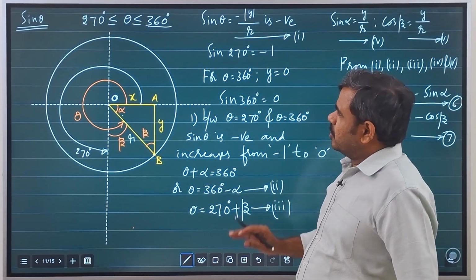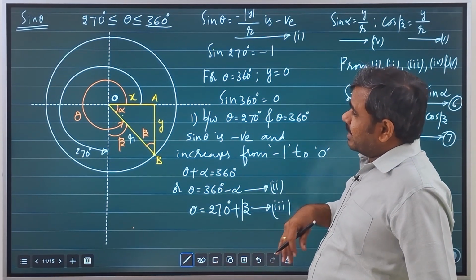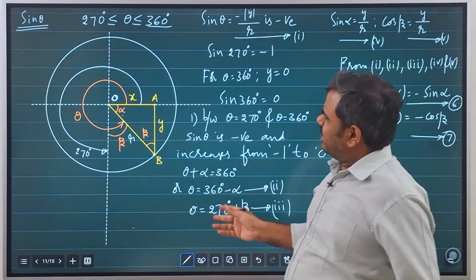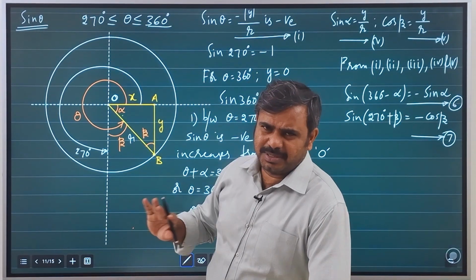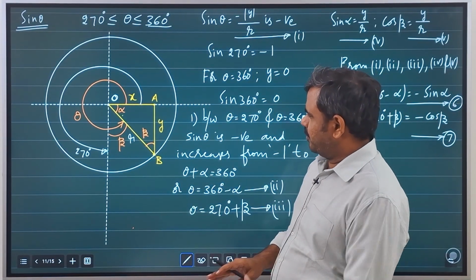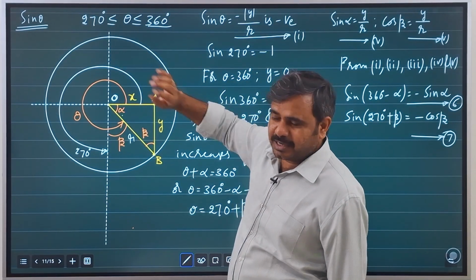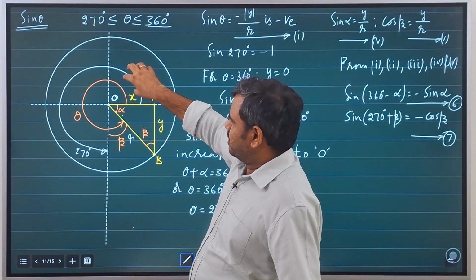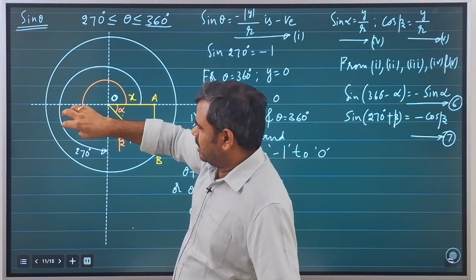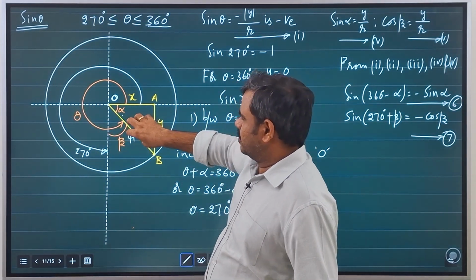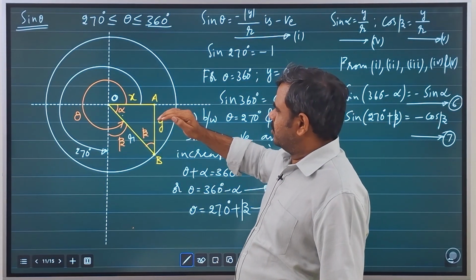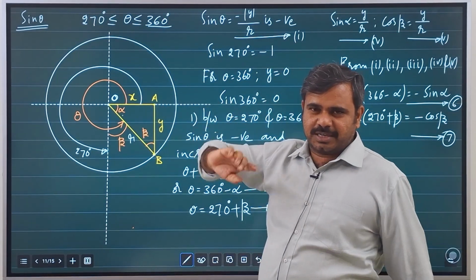If theta is greater than 360 degrees, it means the second cycle. The same thing happens. For theta greater than 360 degrees, you will again land in the first quadrant. Greater than 360 means again first quadrant, second cycle.